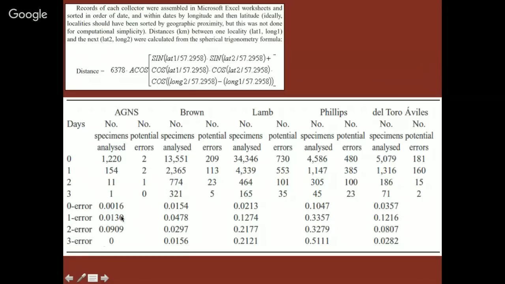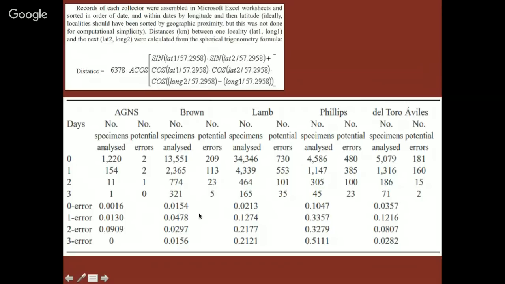And essentially what you see is we're allowing more movement between consecutive and non-consecutive days. So amongst 1,200 records from Adolfo, we find 2 errors, but the error rates are tenfold higher amongst the older collectors.